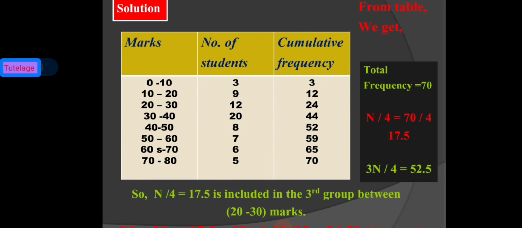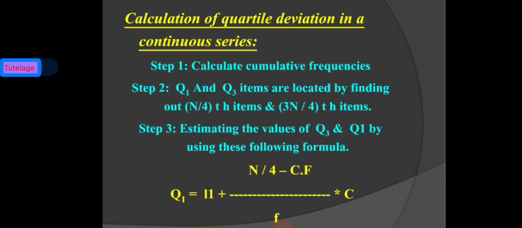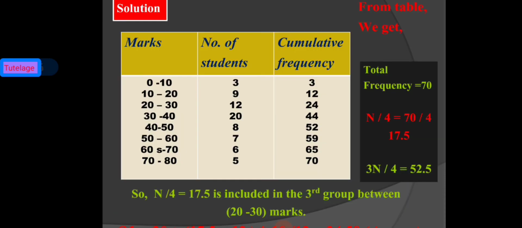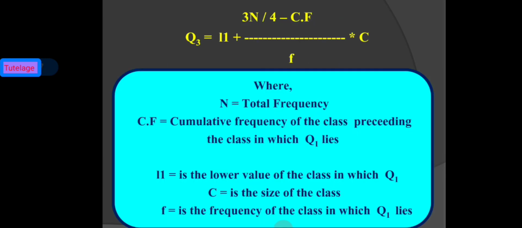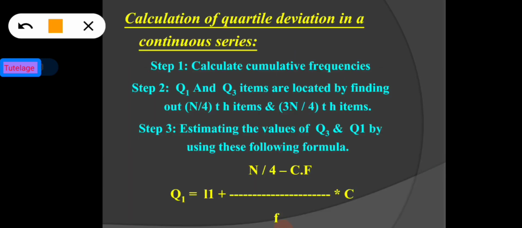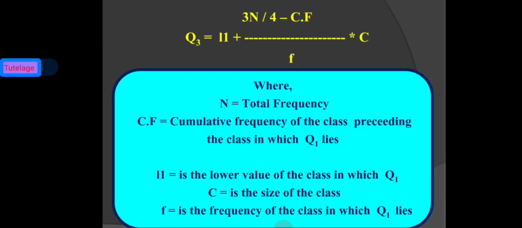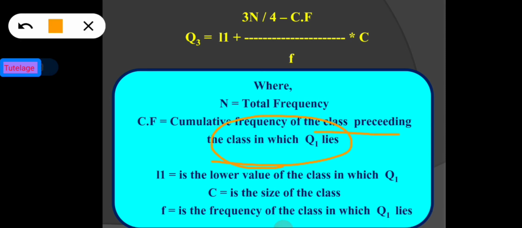Now going to the formula. Here we can see the n by 4. Okay, so n by 4 means 17.5. Clear? Now going to the previous slide. So now going to the CF. So what is CF? CF indicates the cumulative frequency of the class preceding the class in which Q1 lies.